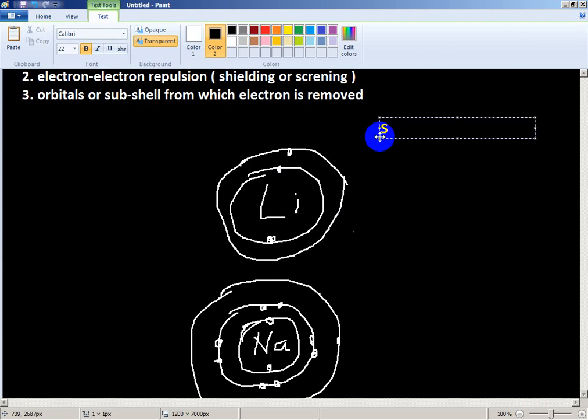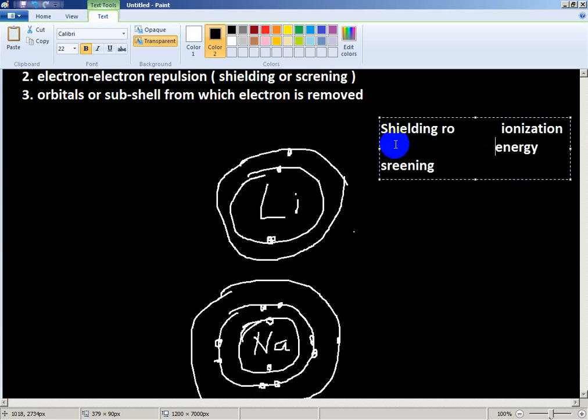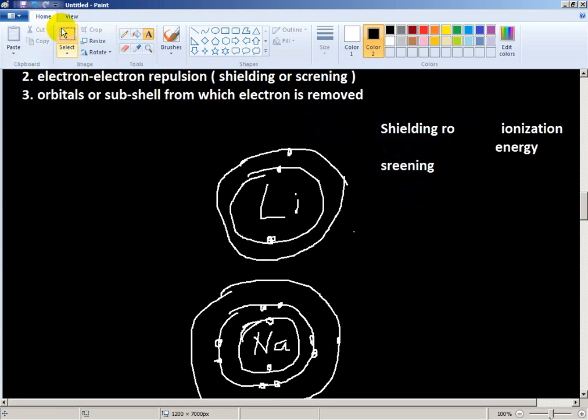Shielding or screening, and ionization energy.